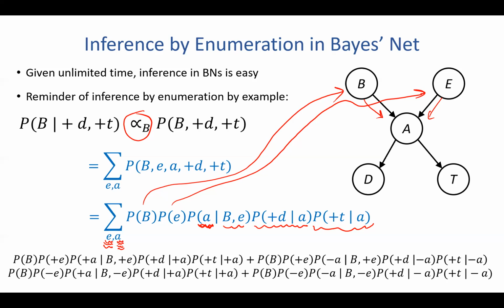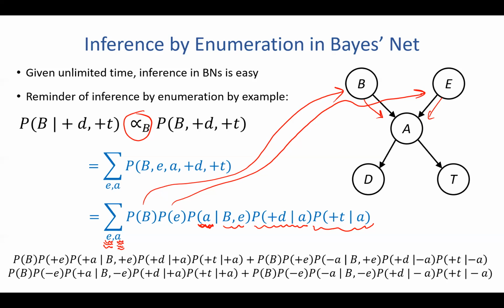So you will calculate this, and now you will have to sum them out for all their instantiations. So suppose that they are both binary here, we will have to sum them out for plus E minus E and then plus A minus A, right? Does that make sense? Because we have to sum out for all of those entries.